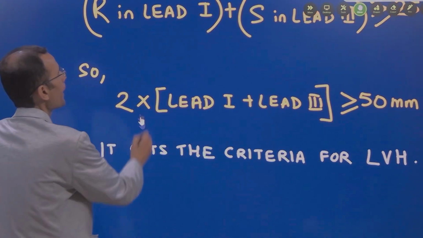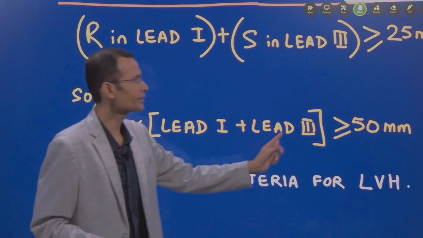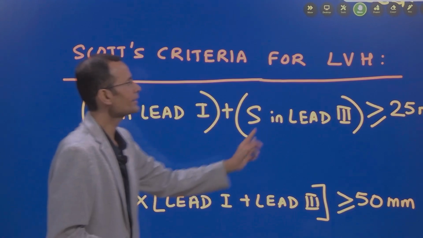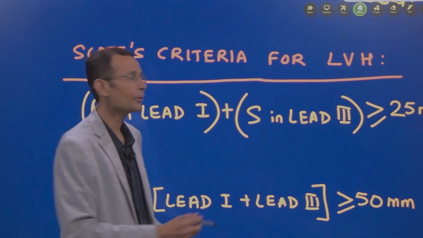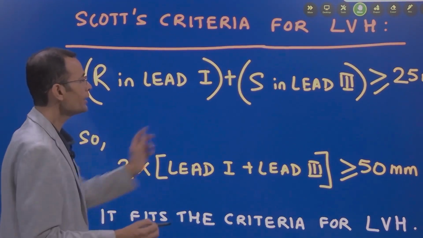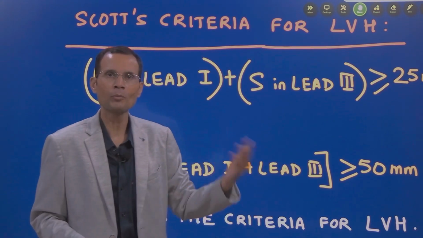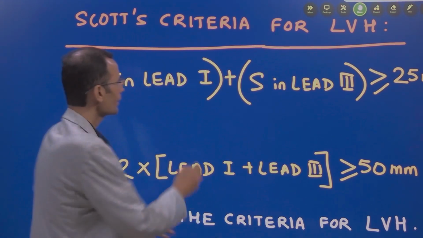That means 2 into lead 1 plus lead 3. If lead 1 plus lead 3 addition is 25 millimeters, that makes it left ventricular hypertrophy. Then 2 into lead 1 plus 3, 50 millimeters. If it is 50 millimeters or more, it's the same left ventricular hypertrophy.